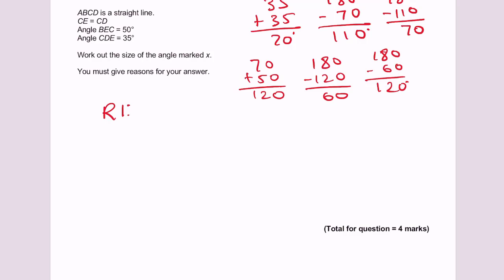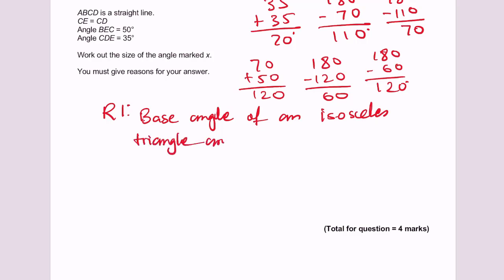Angles in a triangle add up to 180 degrees. Or we just said the base angles of an isosceles triangle are equal.